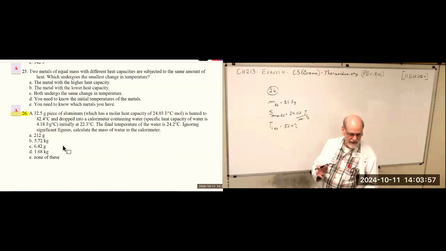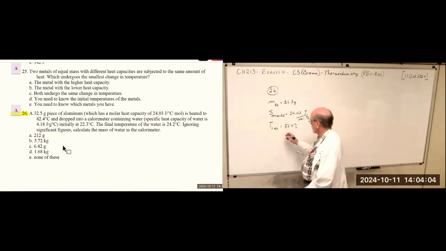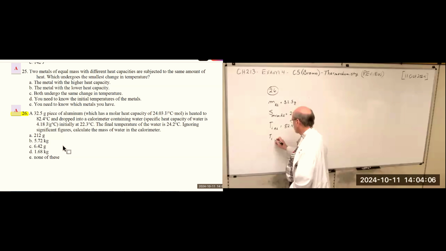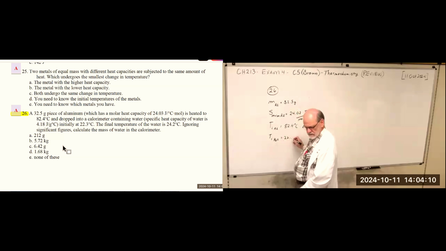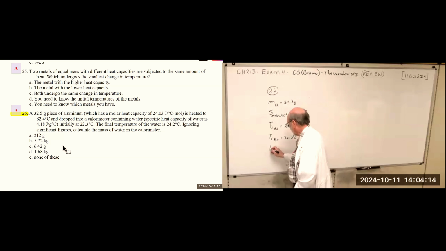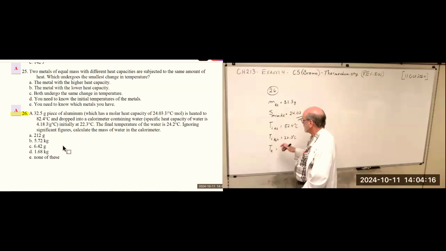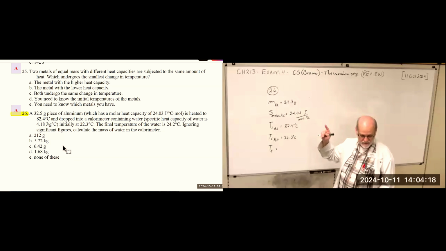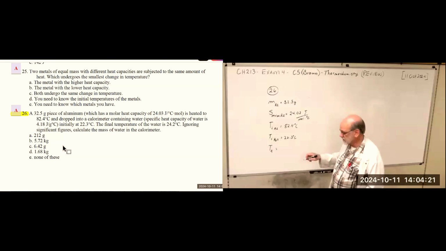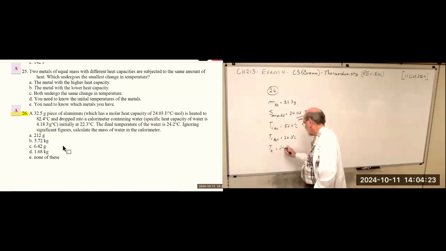It doesn't remove heat, doesn't add heat. Initially, the water is 22.3 degrees C. The final temperature, which is the final temperature for both of them because now they're together in the calorimeter, is 24.2 degrees.